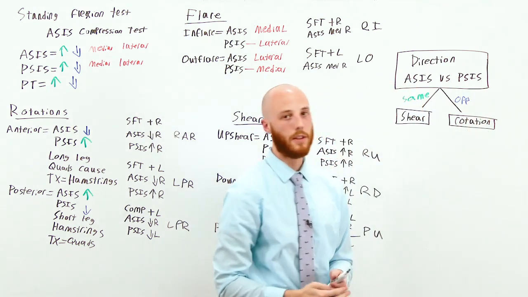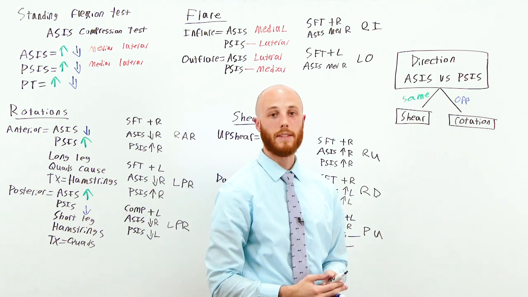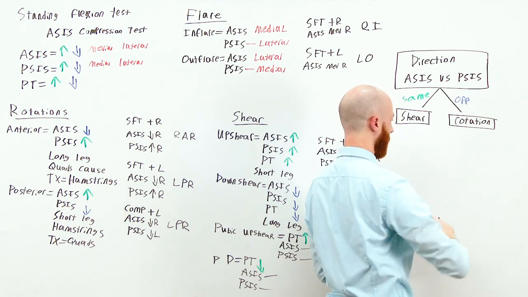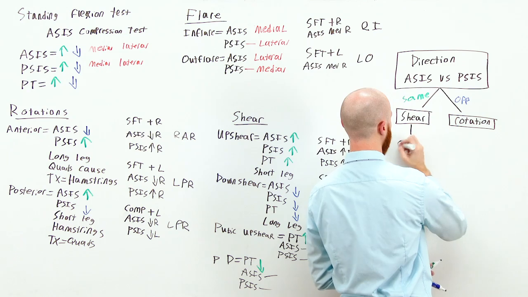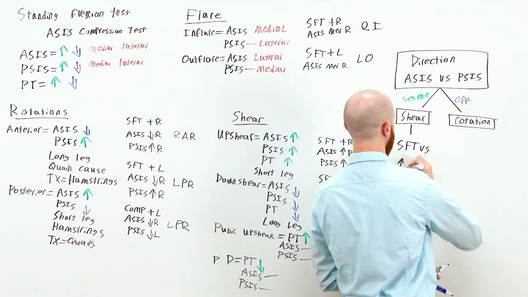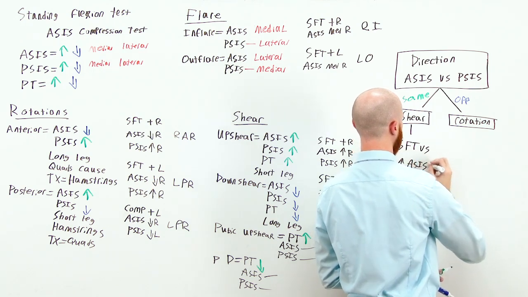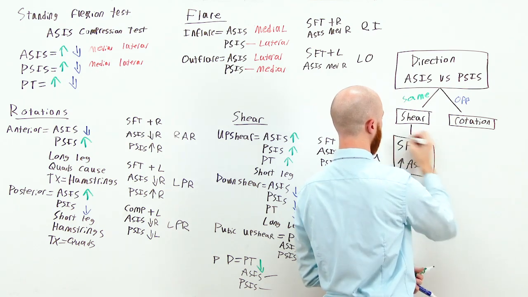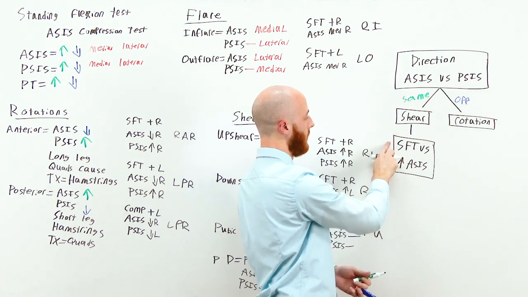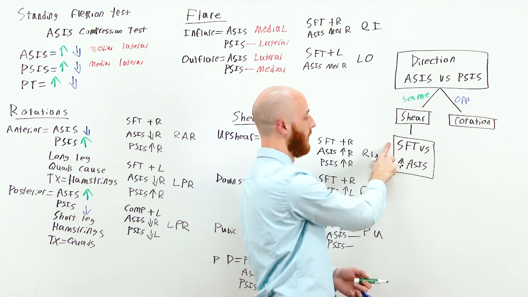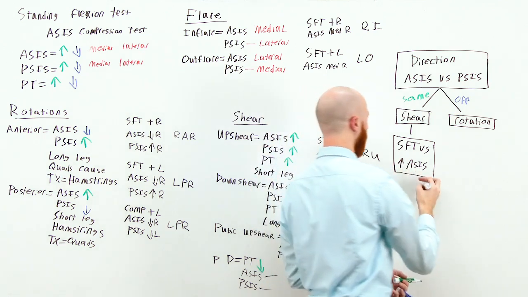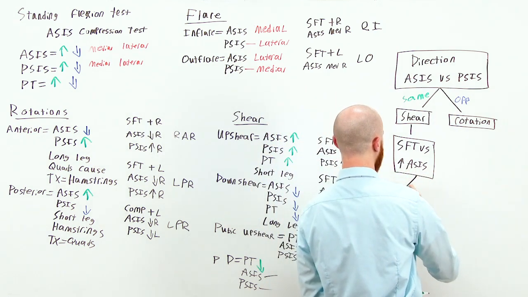So the next thing that you're going to do is compare the standing flexion test and the side of the superior ASIS. So if you're on the shear side, you have a standing flexion test that's positive on the same side that the ASIS is superior, you're going to have an up shear.